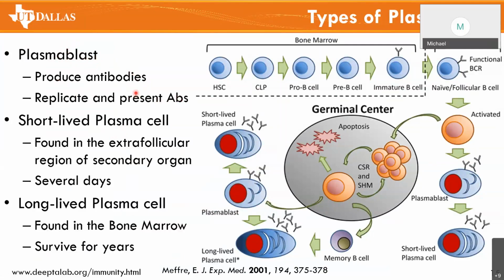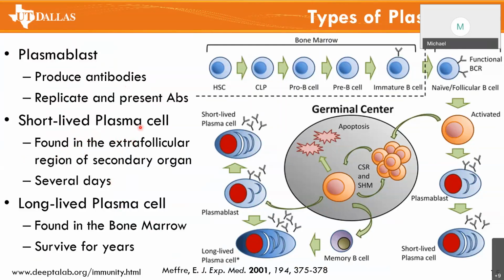Usually before entering the germinal center, plasmablasts are formed to help fight the pathogen that has invaded. The short-lived plasma cell will come from the germinal center. These have stronger binding antibodies, but again, short-lived plasma cells and long-lived plasma cells do not replicate and do not have B cell receptors on their membrane.